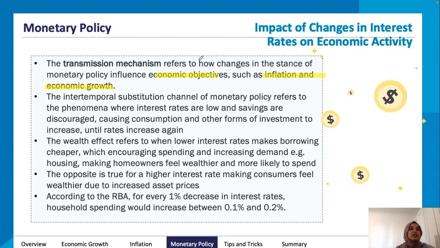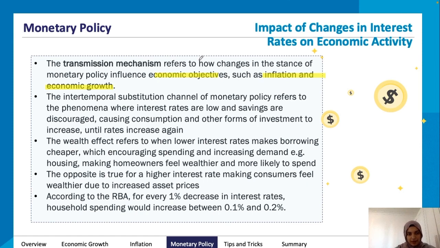They want people to invest, they want injections into the economy rather than leakages, which are like savings. They don't want people to save, they want to inject money into the economy, until the rates rise again. Think back to the GFC, think back to COVID, the initial post-COVID response as well.